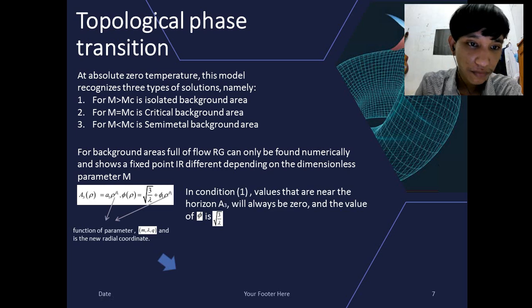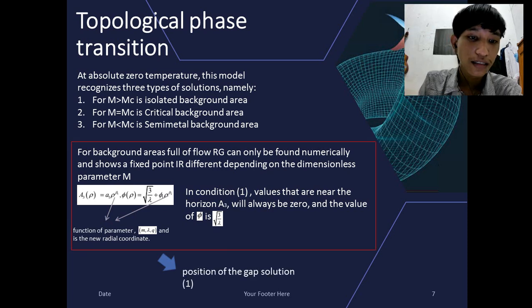In the conditions for the near-horizon values, A3 will always be 0, and the value of psi is root 3 divided by lambda. It is the position of the gapped solutions for m bigger than MC, the isolated background area.